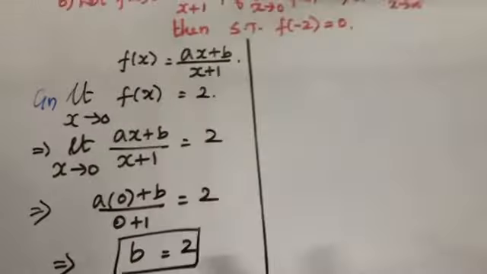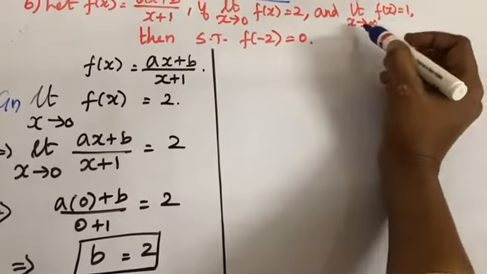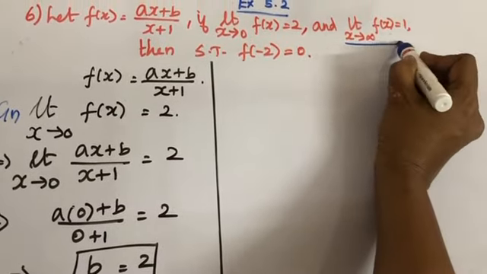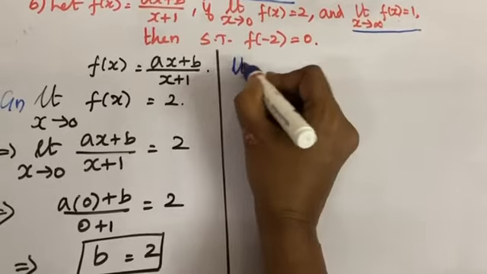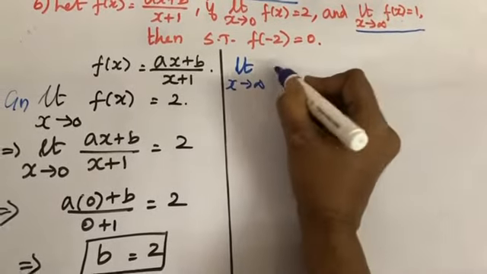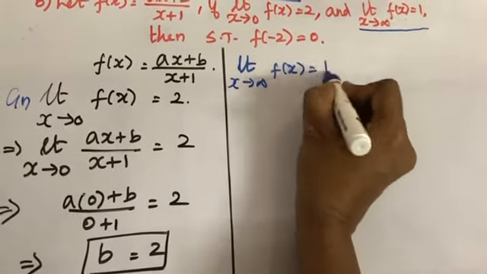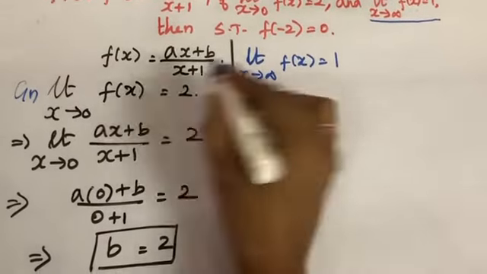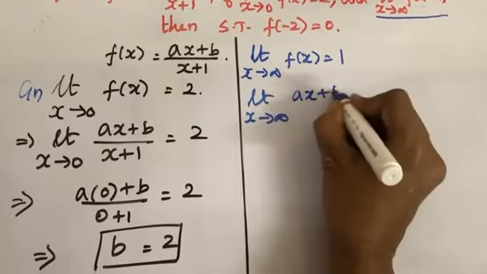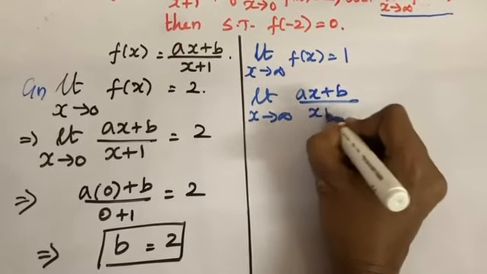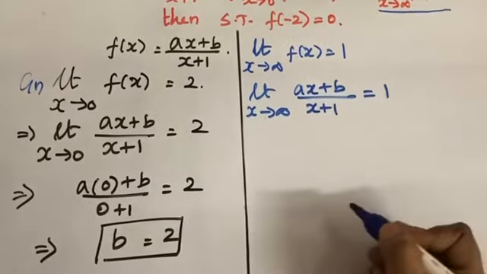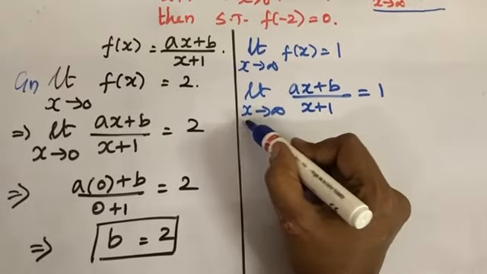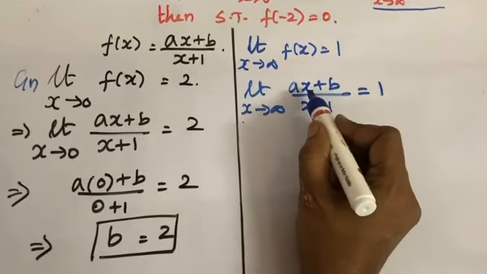Now another condition is given. Limit x tends to infinity, f of x is equal to 1. So limit x tends to infinity, ax plus b divided by x plus 1 is equal to 1. As x tends to infinity, we can't apply it directly.